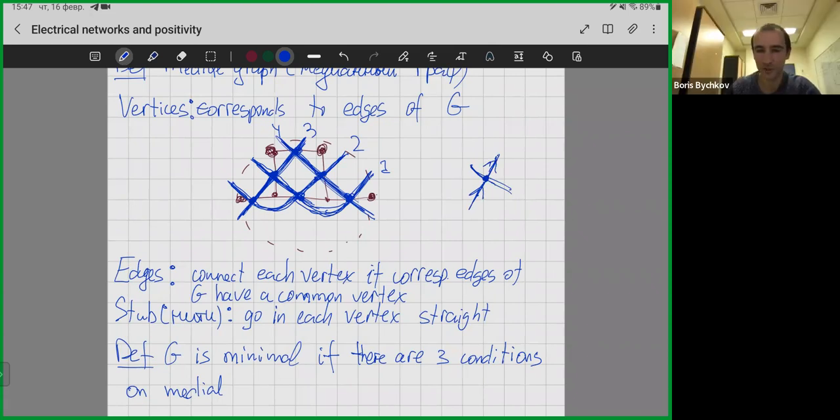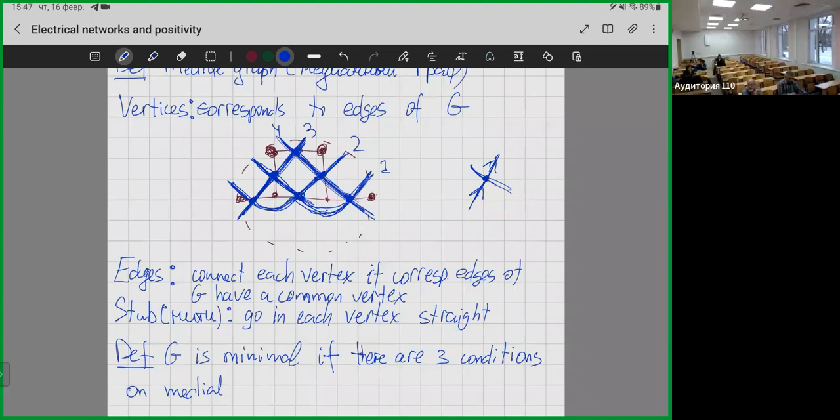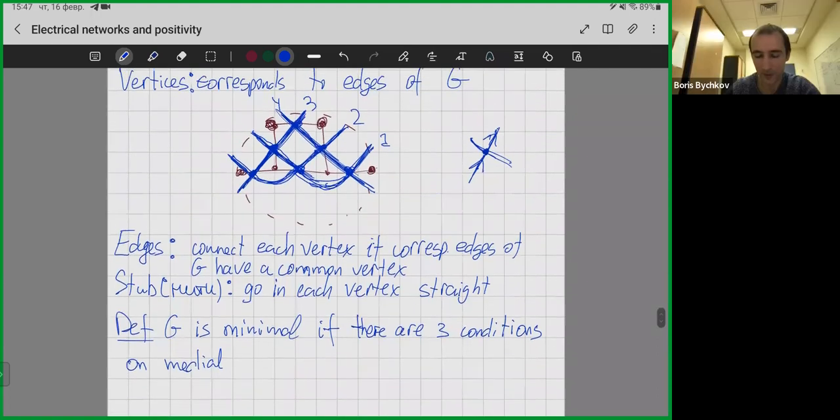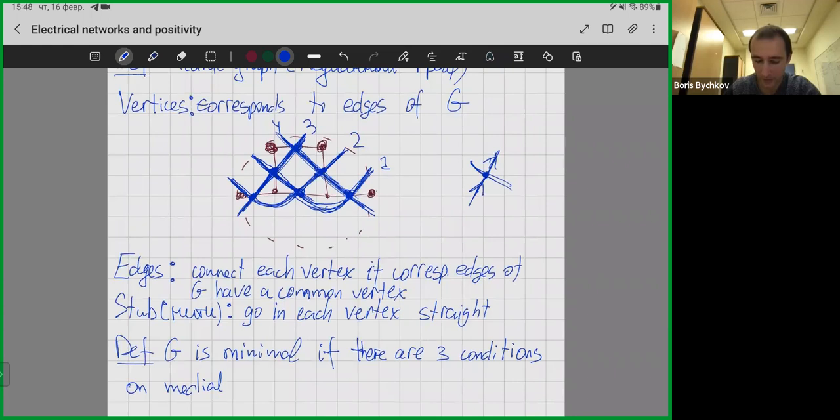I think so. Also, any arc of the boundary must have 2 ends of these stubs.